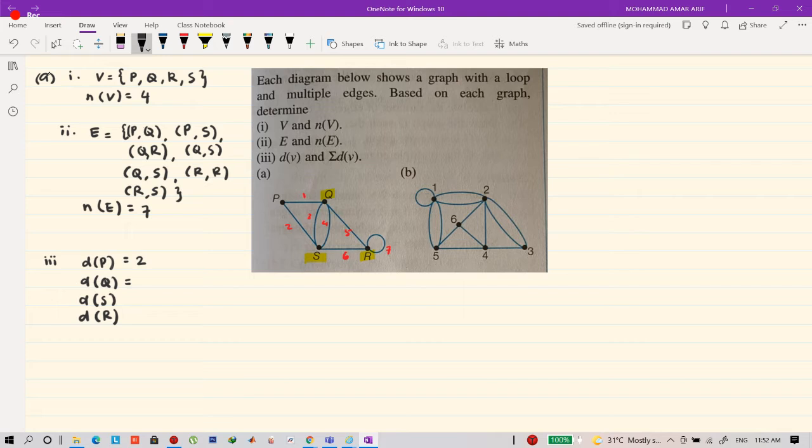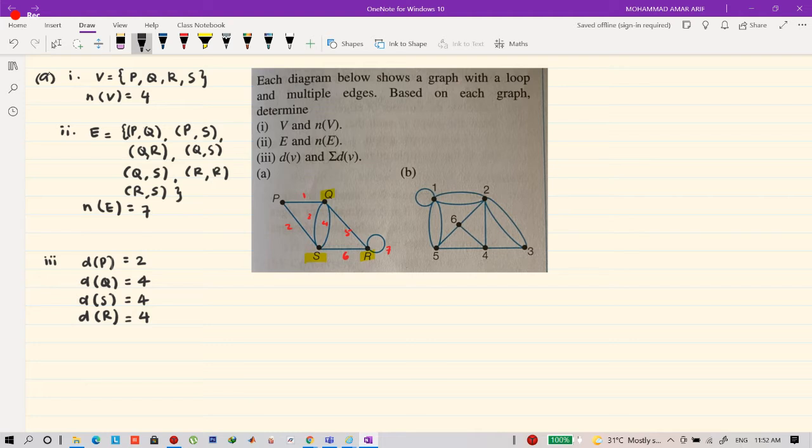And then degree untuk Q, dia ada 2 jalan untuk multiple loop. And then P pergi ke Q, and then R pergi ke Q. So dia ada 4. So untuk S pula, dia still ada 4 juga, still sama dengan Q, which is Q pergi ke S, and then Q pun pergi ke S, and then P pergi ke S, and then R pergi ke S. So untuk R pun dia akan ada 4 juga.